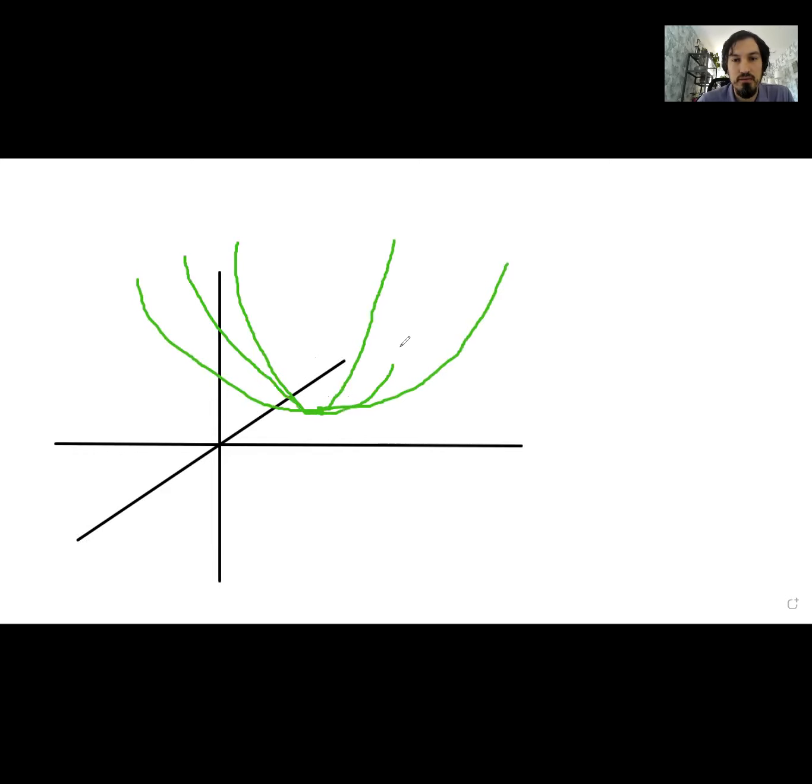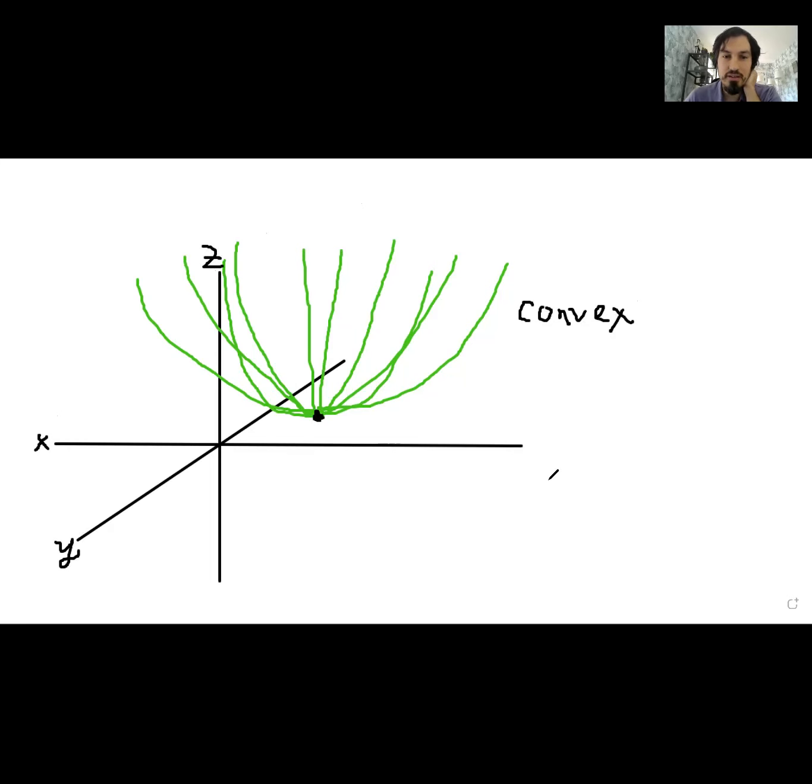I don't know how you can even draw this 3-dimensional thing, but if you're really good with your imagination, you might see that there's this point here that's maybe at the bottom of this bowl, and then this is a convex function, convex. This was the x-axis, this was the y-axis, and this is the z-axis. What do you guys think? Am I doing more harm than good by trying to draw a 3-dimensional thing?